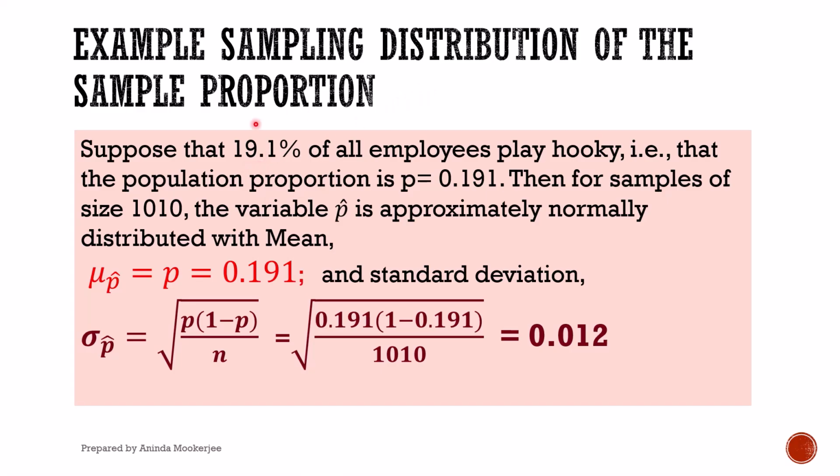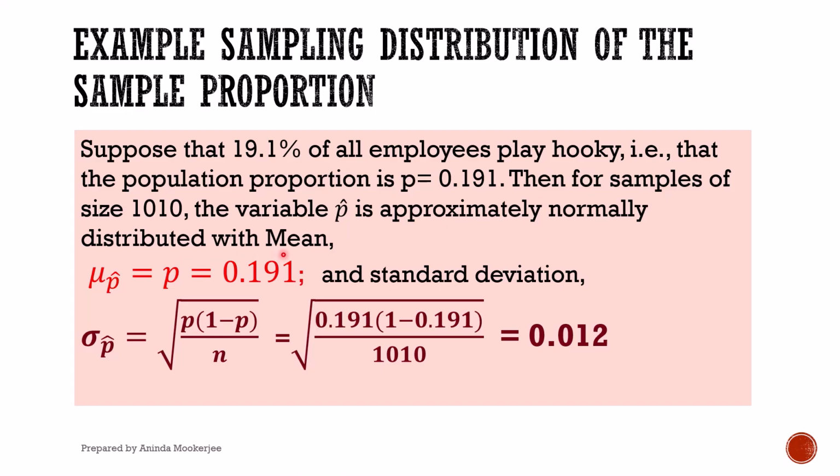Earlier, we had found the sample proportion, which was 0.20. Here, this is not 0.20. On the contrary, this is the population proportion of 0.191. So suppose that 19.1% of all employees play hooky, that is, the population proportion is P equals 0.191. Then for samples of size 1010, the variable P hat is approximately normally distributed with a mean.